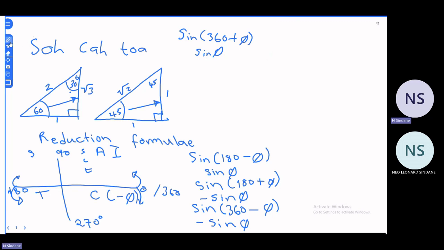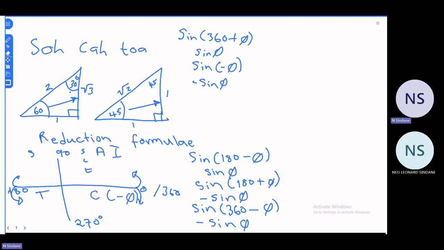Sometimes they might ask you sine of negative theta. Remember, negative theta, you only find it in the quadrant of cos, which is the fourth quadrant, right? So in the fourth quadrant, only cos is positive. Therefore, this will give you a negative sine, right? Then that's it with sine.